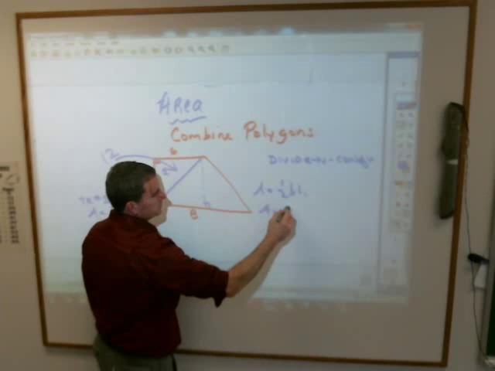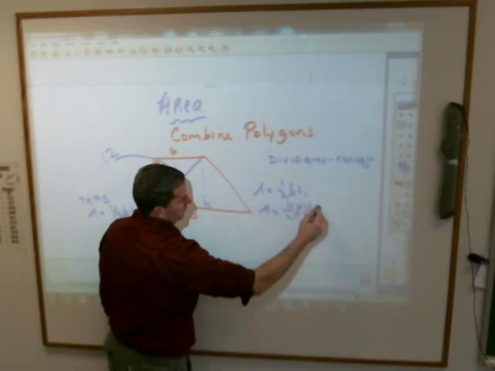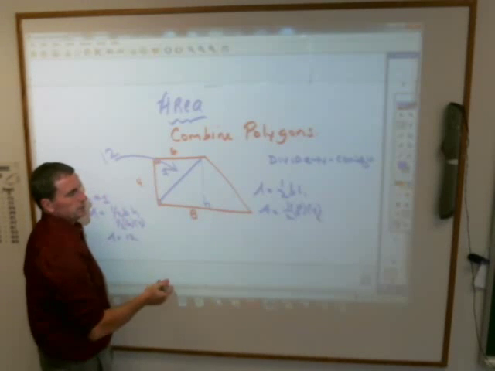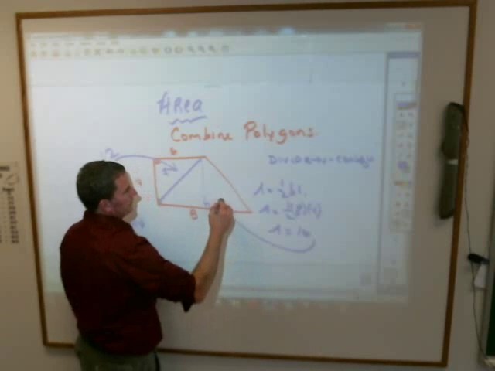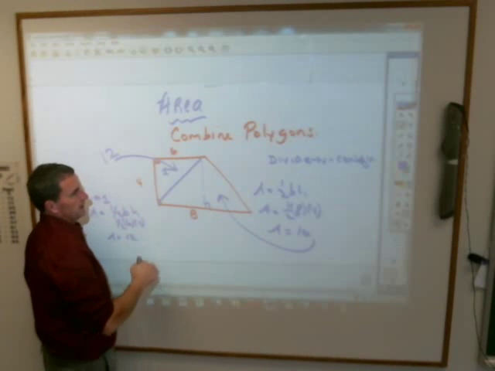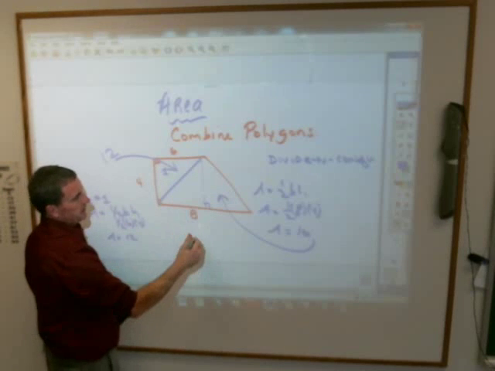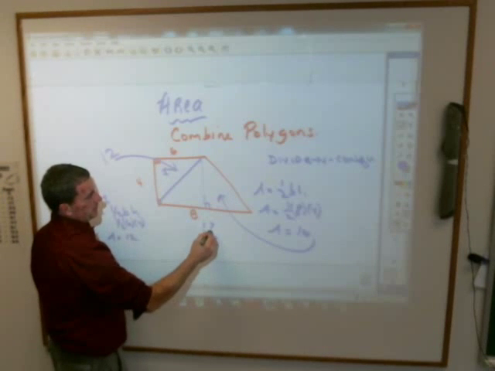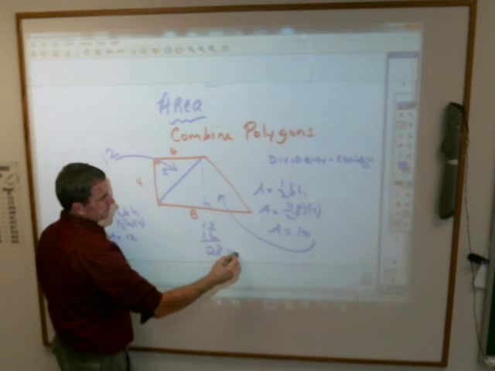So area equals 1/2 times 8 times 4, and half of 32 is 16. So I know the area of my other triangle is 16. If I combine both of those, the 12 for this one and the 16 for that one, my total area is going to be 28 square units.